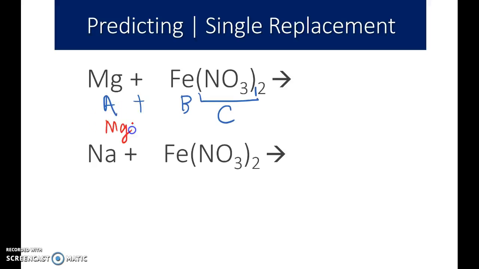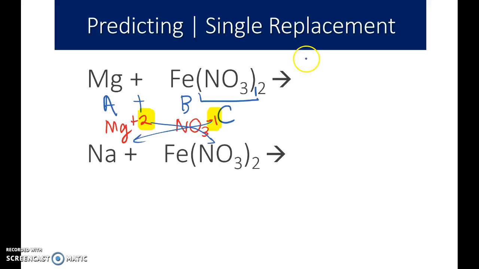So magnesium is +2. And then we'll need to look at the back of our periodic table at nitrate, NO3, to see what charge it has. So NO3 has a charge of -1. So we're going to crisscross our 2 charges, the 2 and the 1.